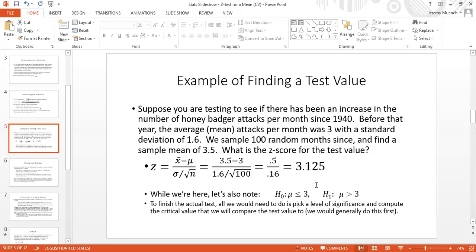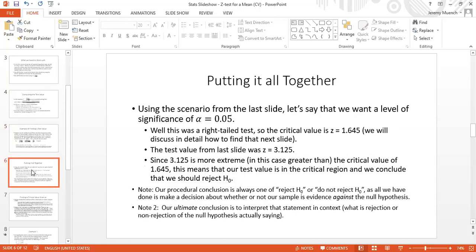And what that means is evidence is suggesting that the number of honey badger attacks is indeed above 3, because we're rejecting that it's equal to or below 3. So that's the kind of conclusion that we're going to draw.